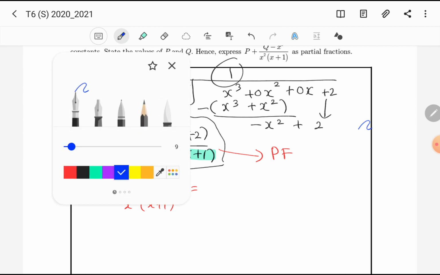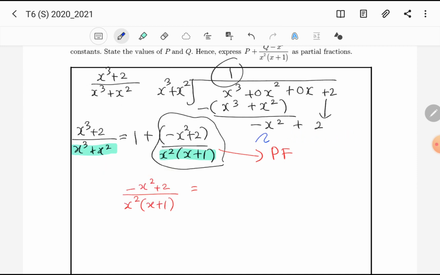State the values of P and Q. Okay, given yang ni, given is P plus Q minus x squared over x squared times x plus 1. So, kalau awak compare, awak akan dapat P equals to 1 and Q equals to 2.